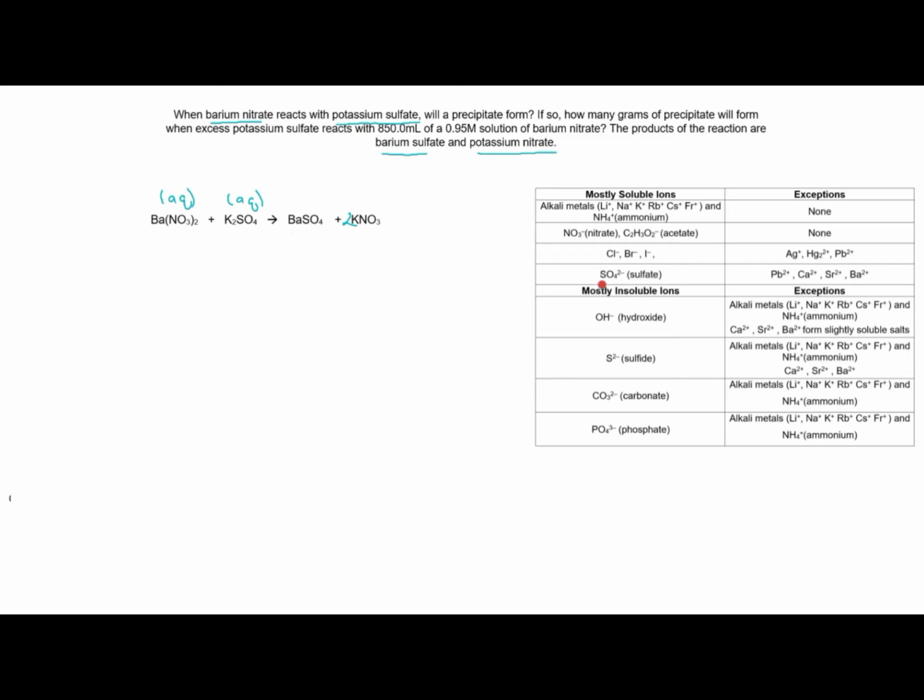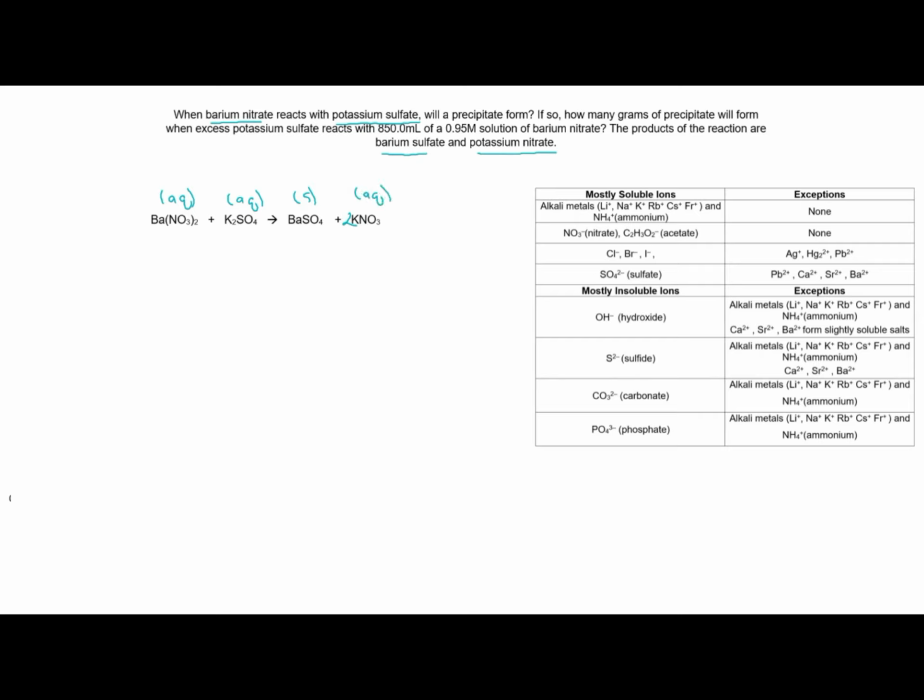Barium sulfate: sulfate salts are mostly soluble, except barium is an exception. This is an insoluble salt, so I'm going to put an S here. So we already know we will form a precipitate. Barium sulfate is going to precipitate out. And finally, potassium nitrate. Yes, both potassium and nitrate are soluble with no exceptions.